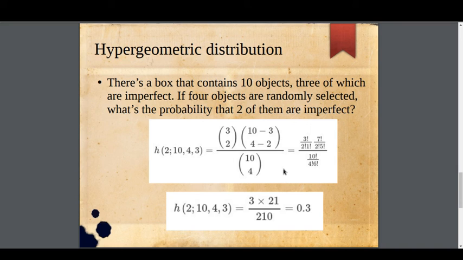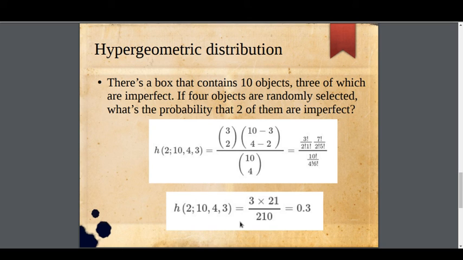And if we replace this notation by the factorials, we have all this expression. This is basically, as I said, the number of ways that I can select 2 elements from a set of 3 elements, 2 elements from a set of 7 objects, and 4 elements from a set of 10 objects. If we calculate all those factorials, we get that 3 choose 2 is 3.